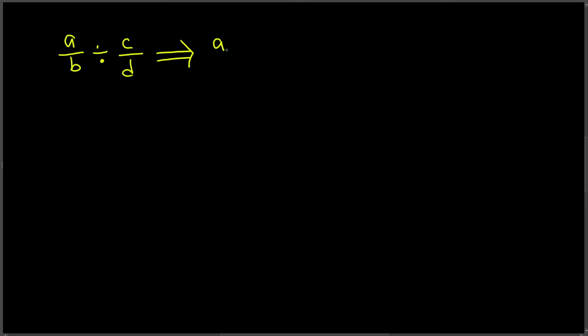So the first part stays the same. I'm going to turn it to a multiplication, and I need to get the reciprocal of this. So I'll change that to d over c.